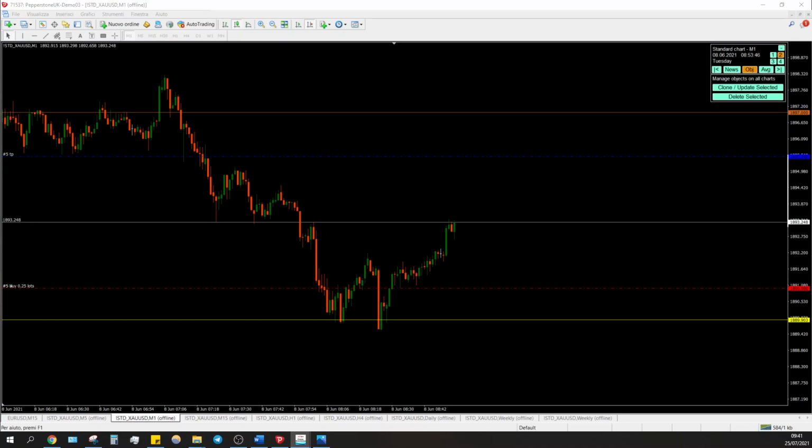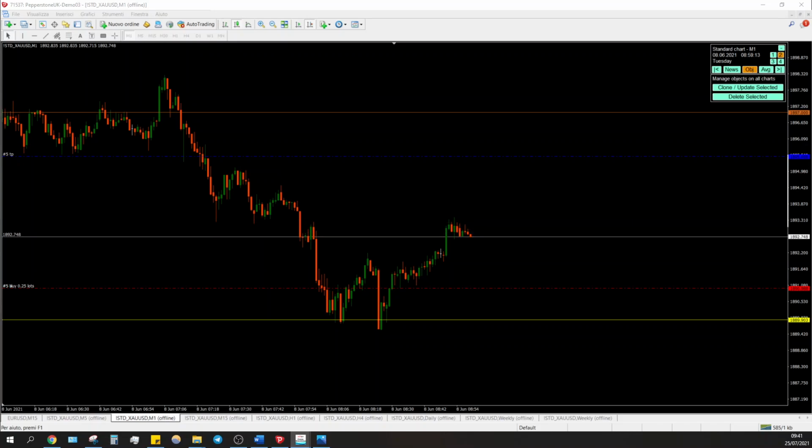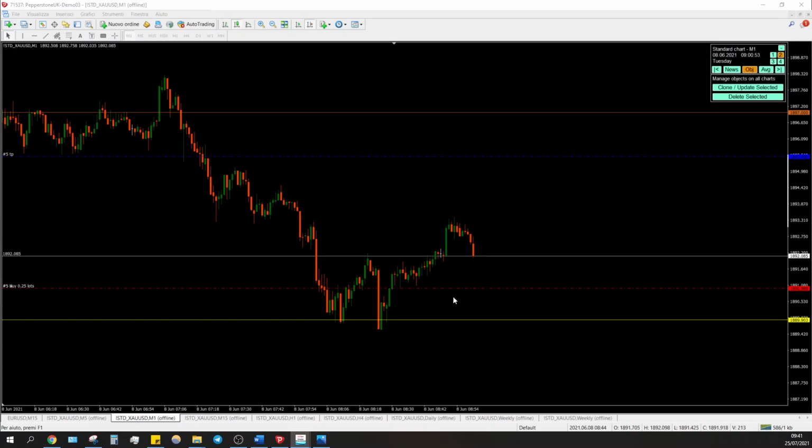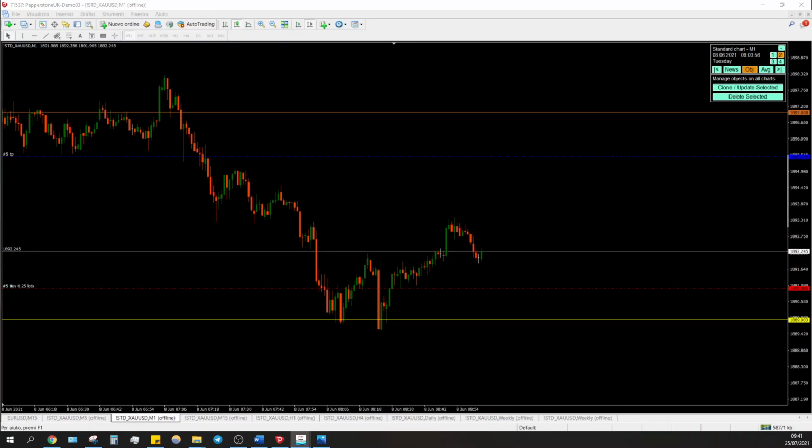Okay, we see a small pullback. Immediately looks like it's getting corrected. Instead, as you can see, we are retesting previous highs. This was not a good trade. It's not a setup that I want to take. A setup this way, as I told you, we are seeing retest of the previous highs.